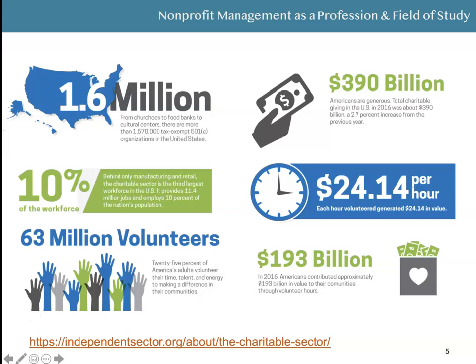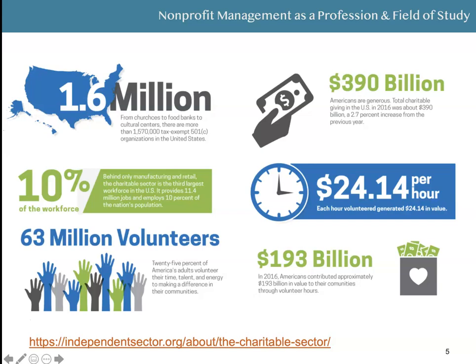So just some numbers here to show you that one of the reasons that we study nonprofit management is because it represents 1.6 million organizations, 10% of the U.S. workforce, 25% of U.S. adults who volunteer at an organization, and $390 billion was donated to nonprofit organizations in 2016. So I'll be looking for a more updated number.